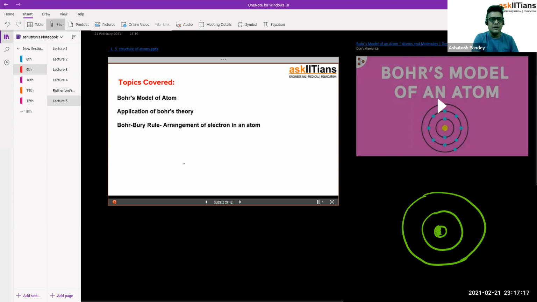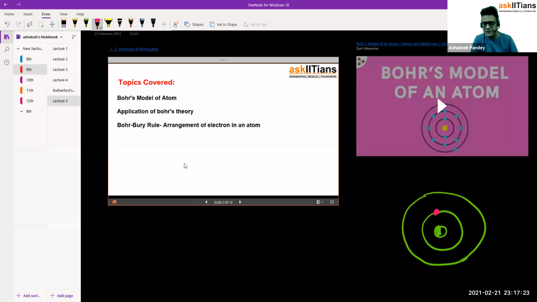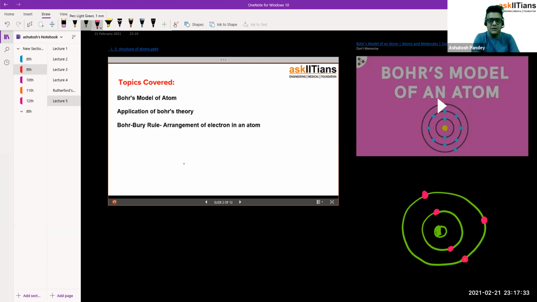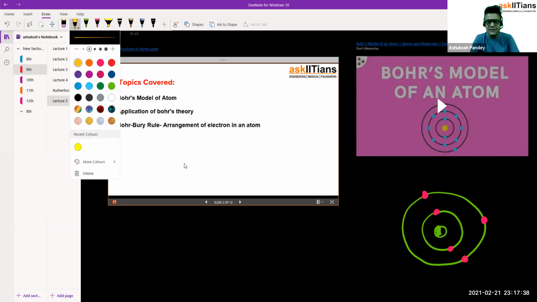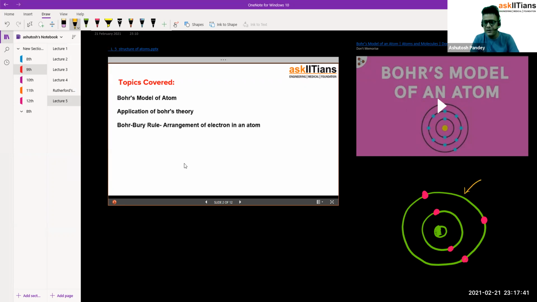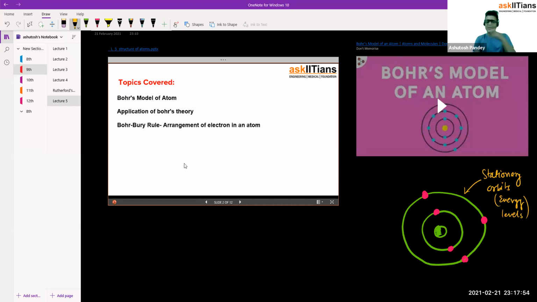He proposed that if electrons are revolving in these orbits, they will have some very specific energy. And he named these orbits stationary orbits or energy levels.